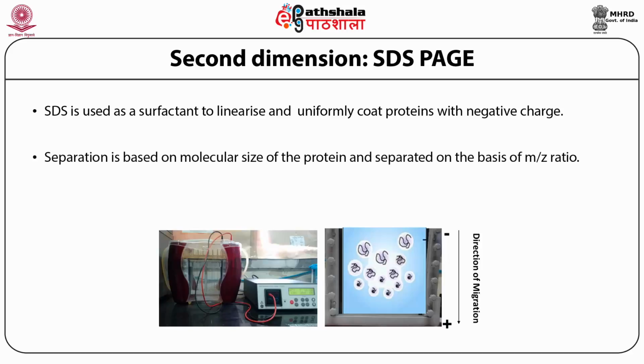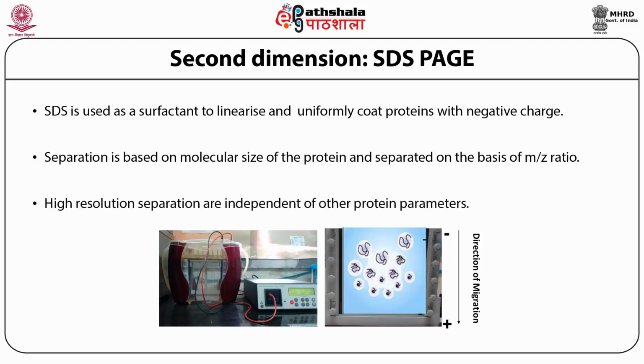The separation of these proteins will now be based on the mass to charge ratio. And as there is a negative charge from SDS on all these molecules, the charge on the surface of the proteins is masked, and the negatively charged proteins will now go towards the positive end.